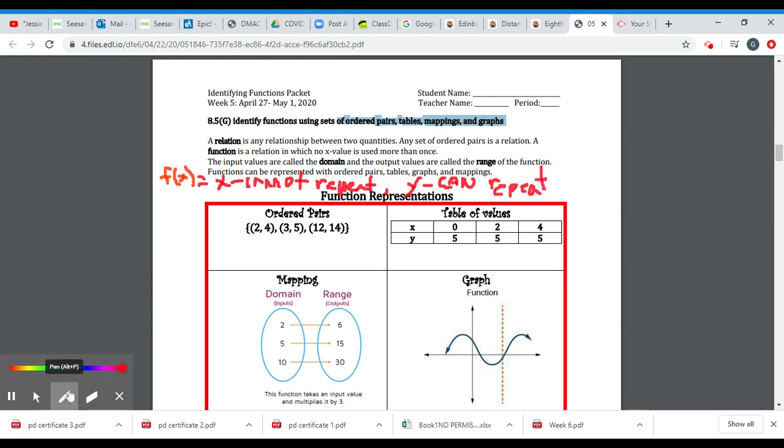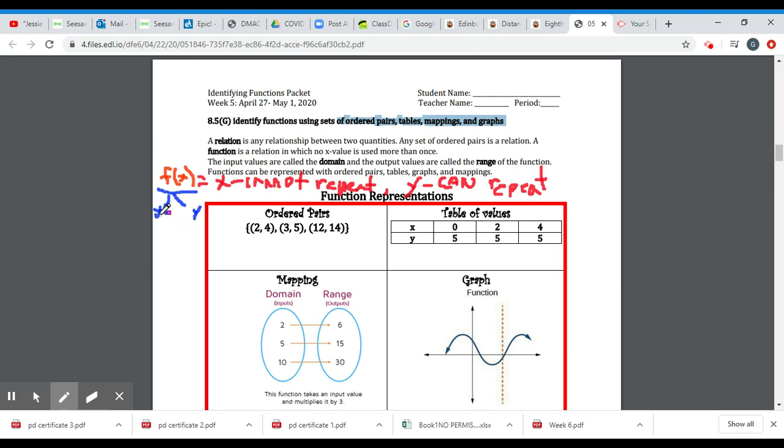Now, there are some vocabulary words that we need to be reminded of. So in our function, f of x, we have an x value and we have a y value. Now remember that in our x, there are two other vocabulary words that you will need to know because they will use them in the test.